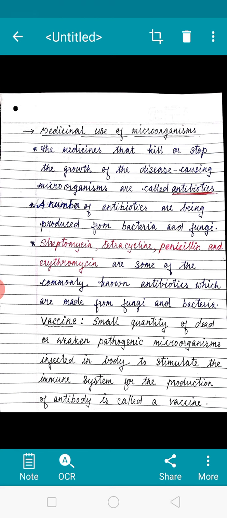And several diseases including cholera, tuberculosis, smallpox and hepatitis can be prevented by vaccination. And it is essential to protect all children against these diseases.